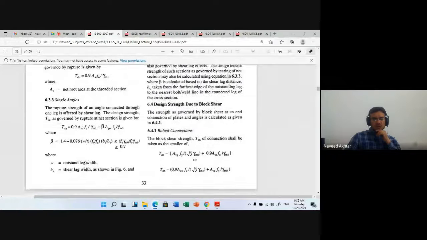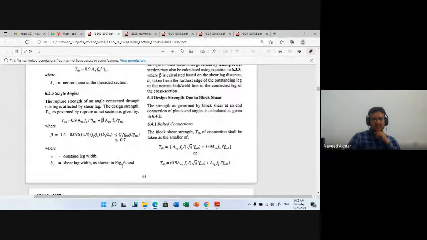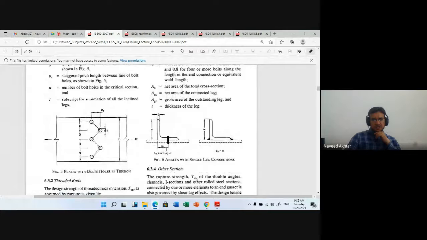Okay. Now bs is the shear lag width. Shear lag width means this width, that is w, the outstanding width, plus the CG of this. So bs will be w plus w1. w1 is nothing but minus T by 2 here, T by 2 here. It means that minus T. Okay.